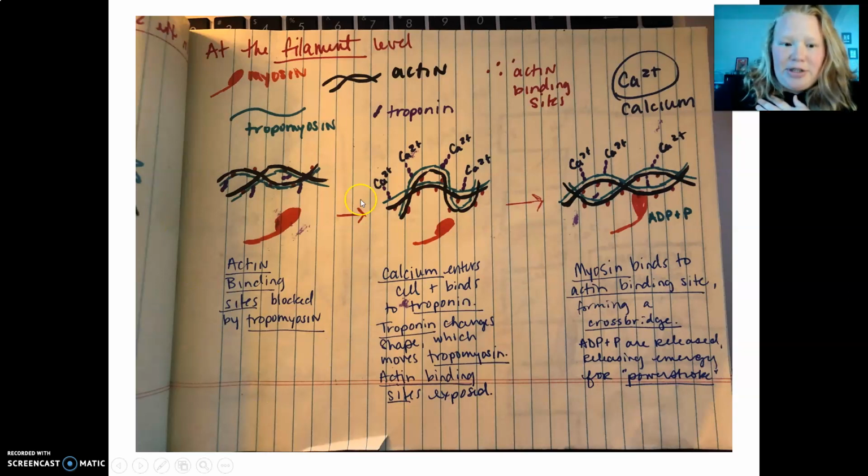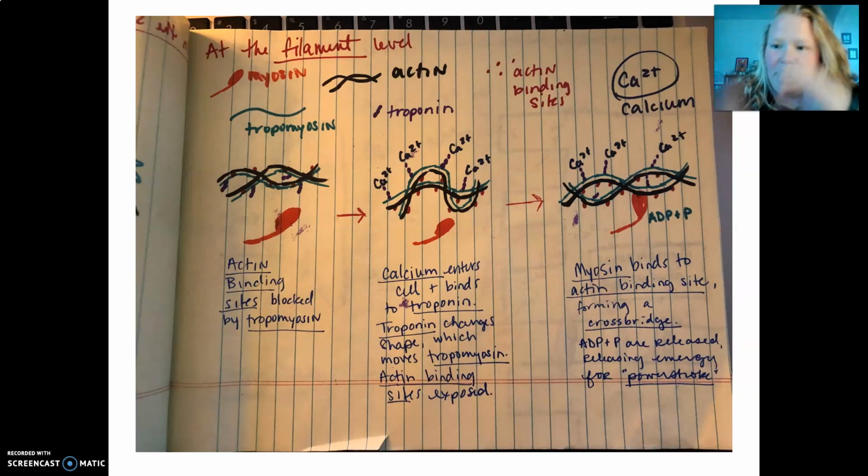So in this first picture here, the black is still actin. The myosin has turned to orange. I was getting creative with colors. The tropomyosin is this green color. And then on that tropomyosin, you see these little dots. That is troponin. Troponin is another molecule that is important here.